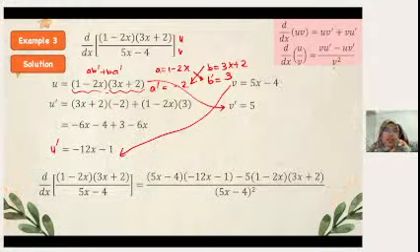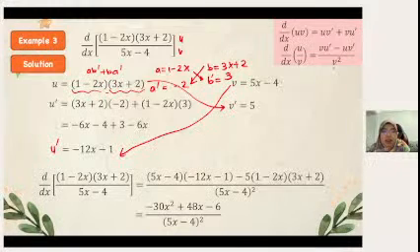Okay, so 5x minus 4 multiplied with negative 12x, negative 1, minus with 5, multiply with 1 minus 2x, 3x plus 2 over 5x minus 4 square. And then of course you can actually expand them, simplify them. So do that and I'll give you the final answer for them, which is negative 30x squared plus with 48x minus with 6 over 5x minus 4 square.